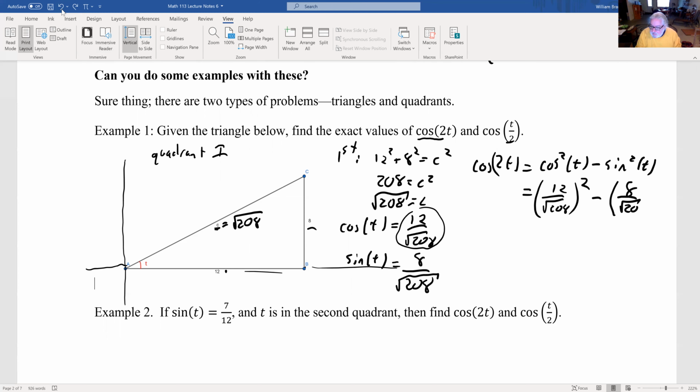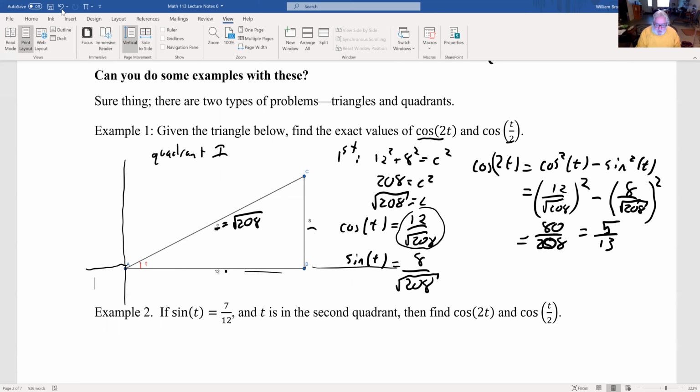Okay. 208. Square root should come over there. There we go. Squared. And if you grind that out, this is 144 because that's 12 squared, minus 64 over 208. And that turns out to be 80 over 208. Those are integers, and integers you should simplify, divide down if you can. That becomes 5 over 13. So whatever 2t is, we don't know what t is, but if we doubled it, we would get a cosine of 5 over 13.